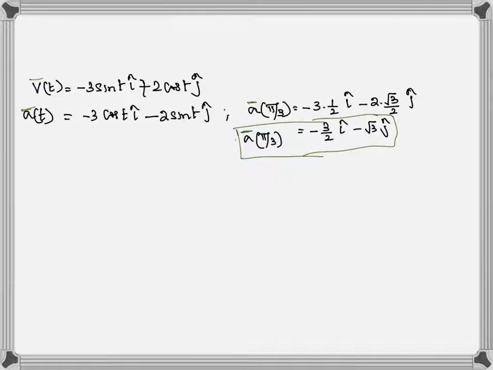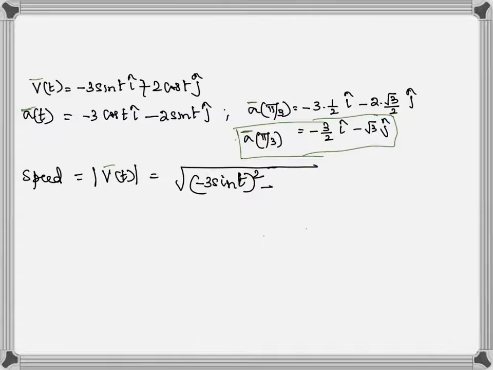The last part is the speed, which is the magnitude of the velocity vector. It equals the square root of the x component of velocity squared plus the y component of velocity squared. So it's the square root of negative 3 sine t squared plus 2 cosine t squared.